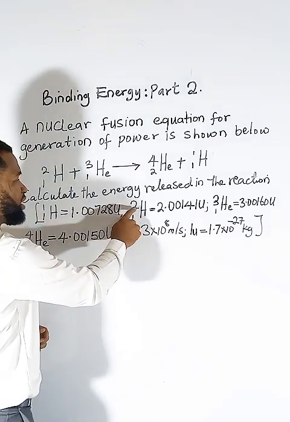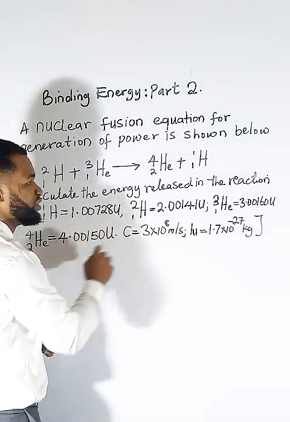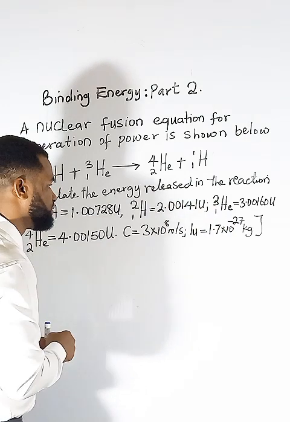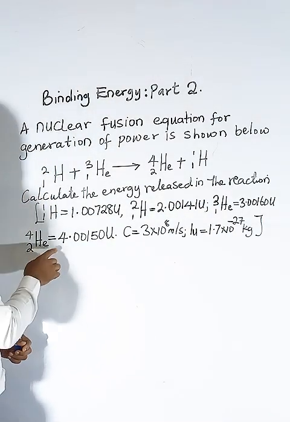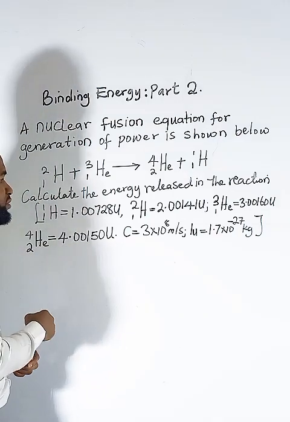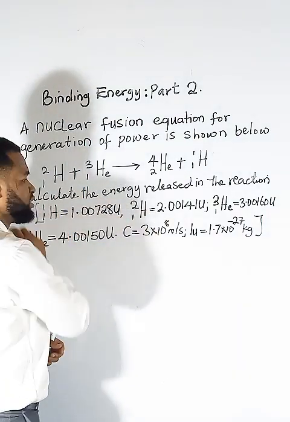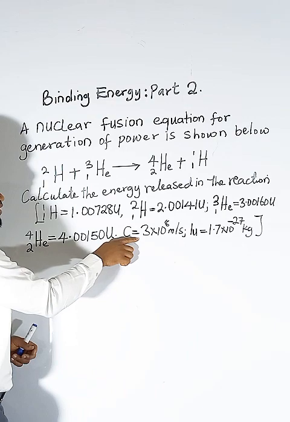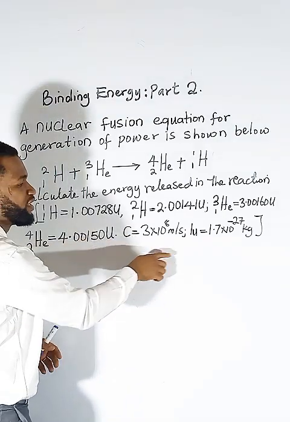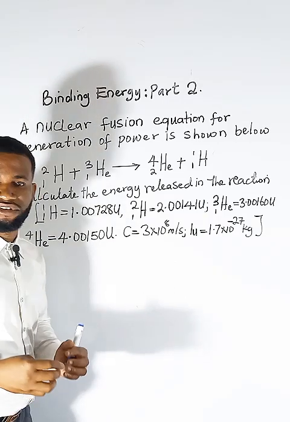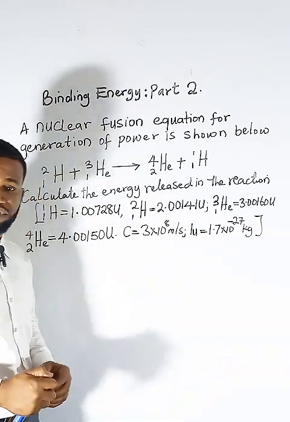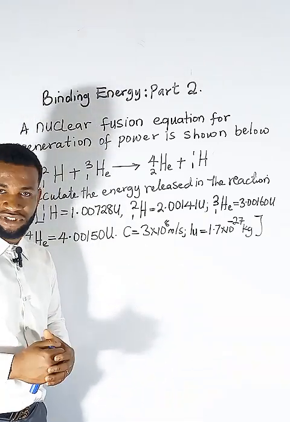And this one is for another isotope of hydrogen, and this one is for another isotope of helium. This one sometimes can be seen as an alpha particle, and this is the proton, and all the rest of them, whereby we are given c. This is the speed of light, and this is u, called the atomic mass unit. It's given as 1.7 times 10 raised to the minus 27 kilogram.